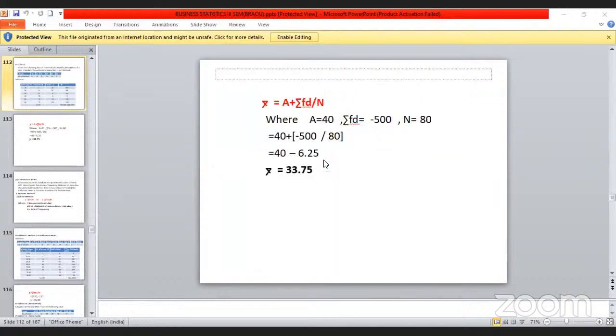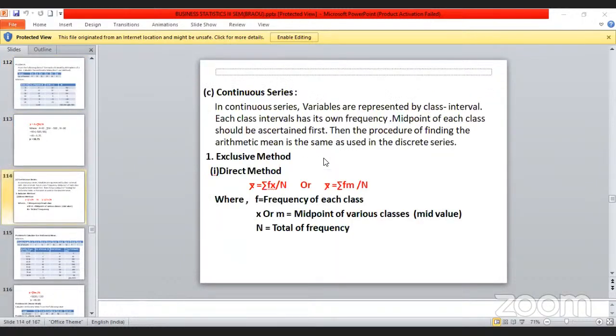Directly, we'll go to the continuous series. In continuous series, variables are represented by class intervals. Whatever variables we have will be represented by class intervals. Each class interval has its own frequency. The midpoint of each class should be ascertained first. Then the procedure of finding the arithmetic mean is the same as used in the discrete series.